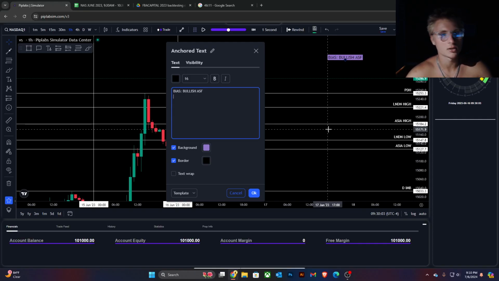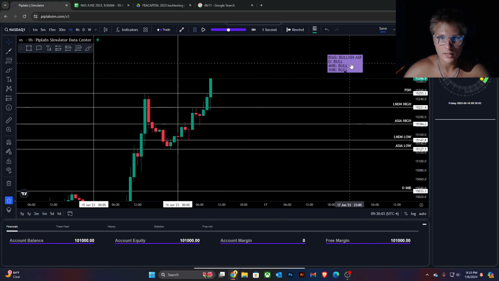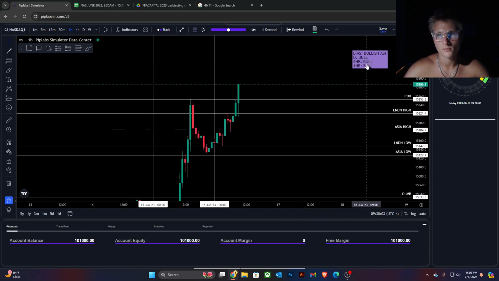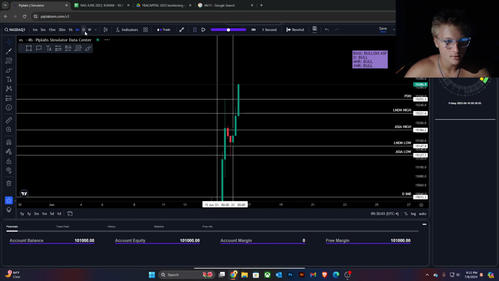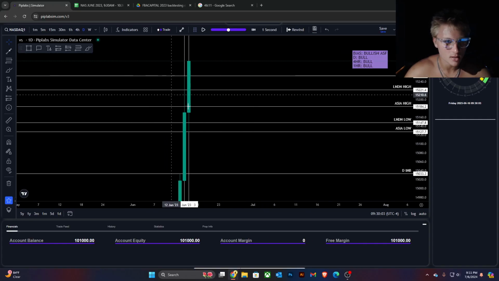Bullish as fuck. So daily bull, 4 hour bull, 1 hour bull. I would never short this, having all these 3 higher time frames aligned.